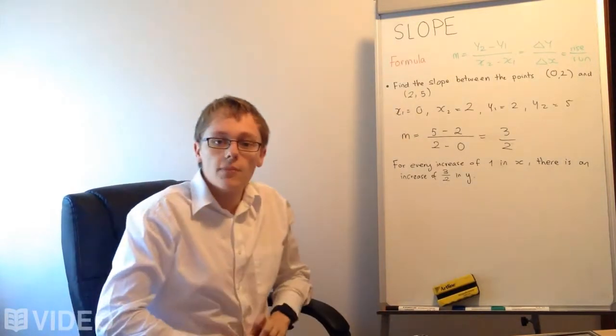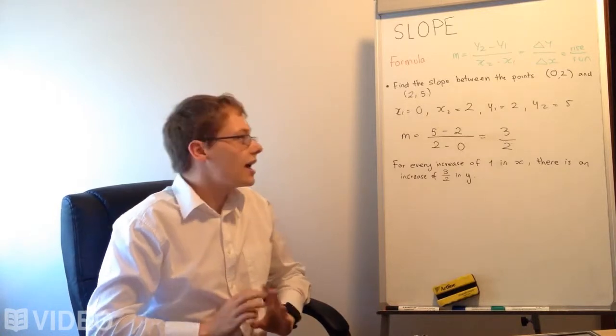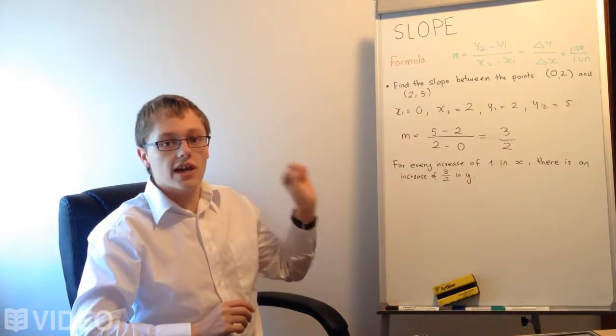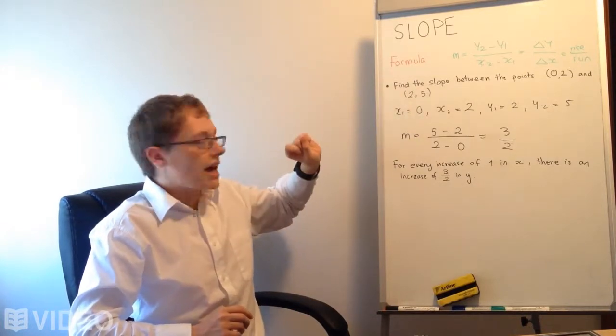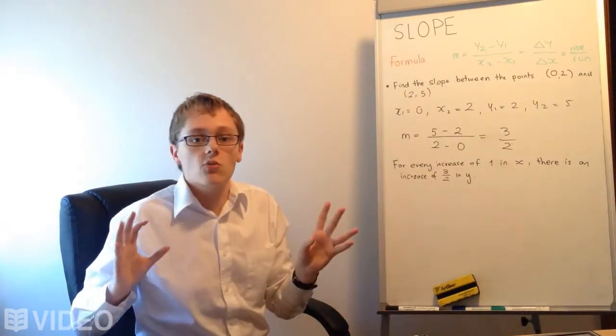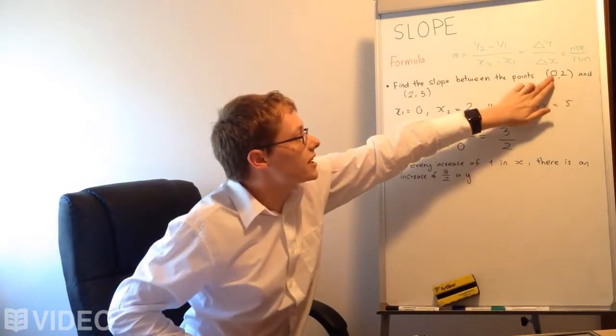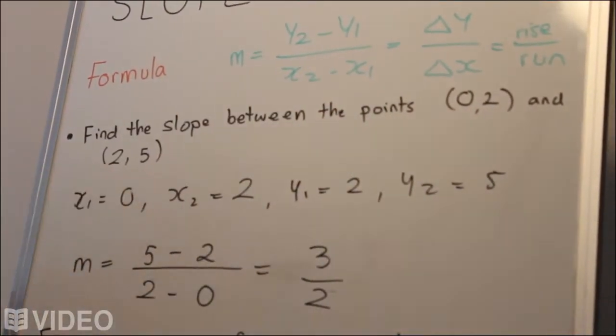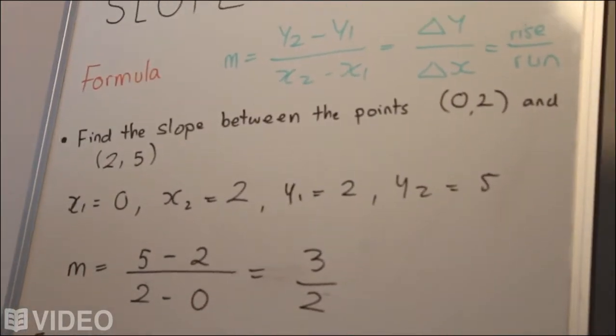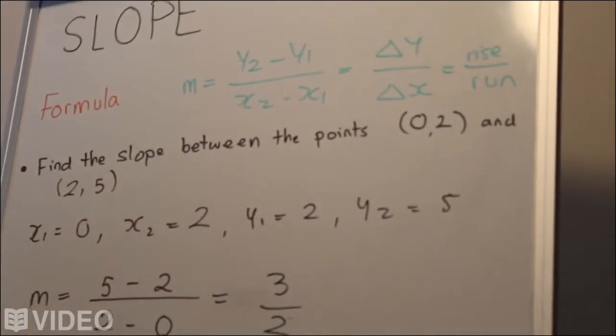So I've got a little example here that we're going to go through together, and it's just a matter of working out which coordinate pair is which. And generally, it doesn't matter which one you have. This could be x1 here, because of course I have an x and a y within a coordinate pair, or this could be x1 here. However, I'm going to teach you a little trick which really helps with the algebra.